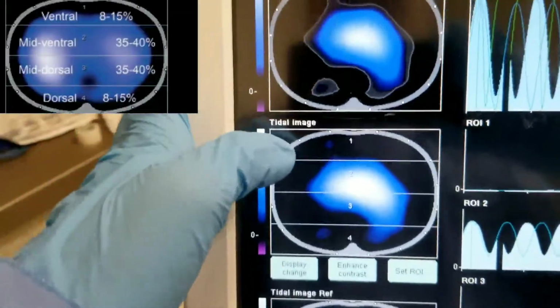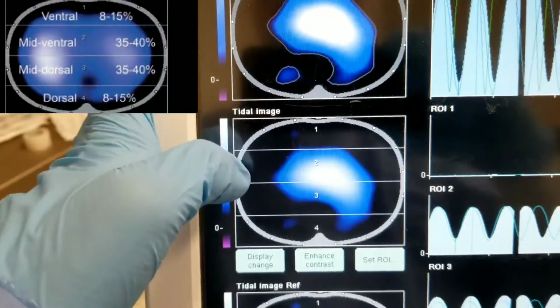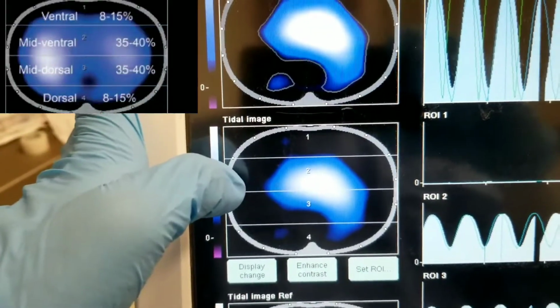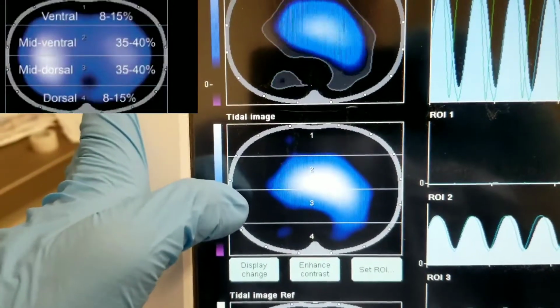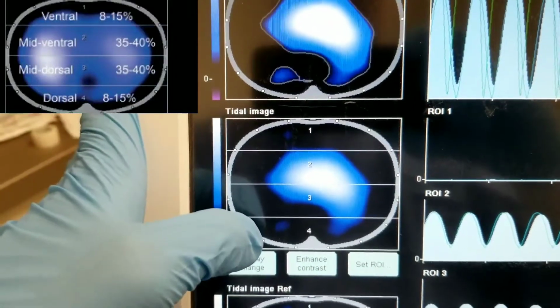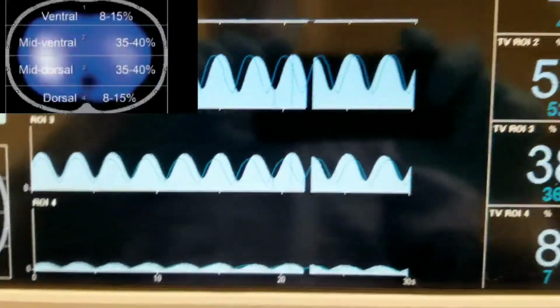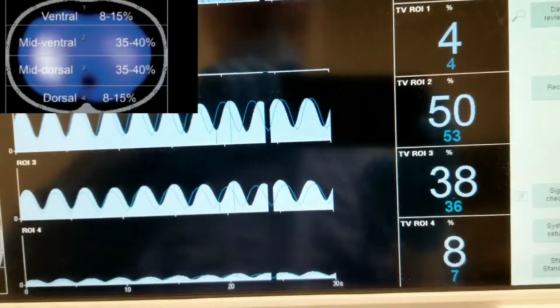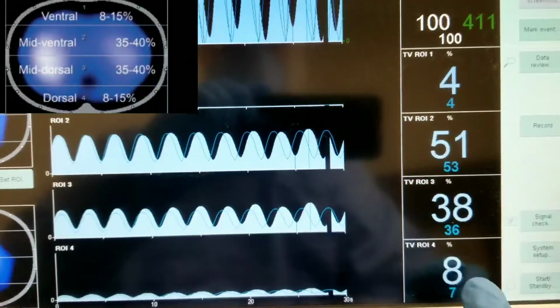Now, the norm is 8 to 15, and then I might be wrong, but it's 35 to 40 or 35 to 45. This one also is usually 35 to 45. And then down here, just like the region up here, is 8 to 15. We see that this patient has 8% here, so they're within normal limits.